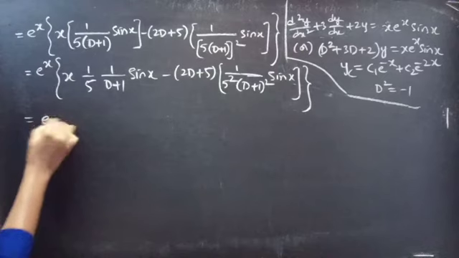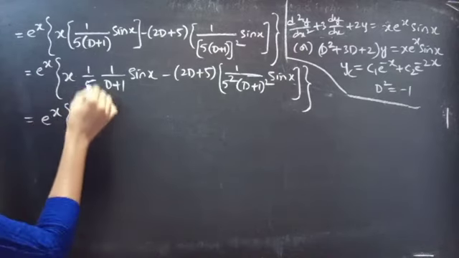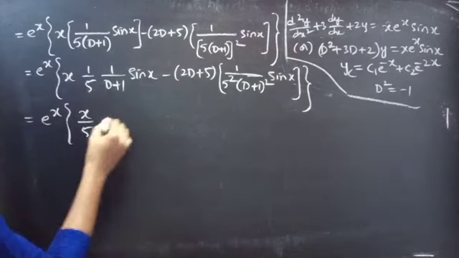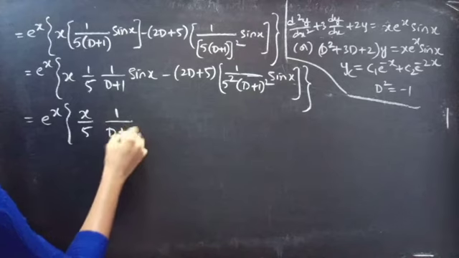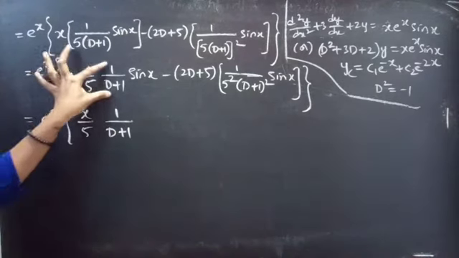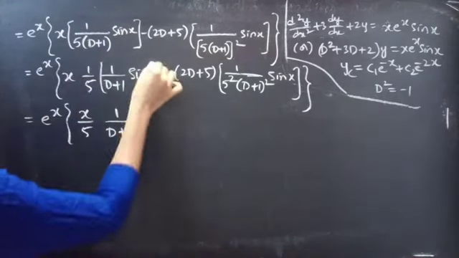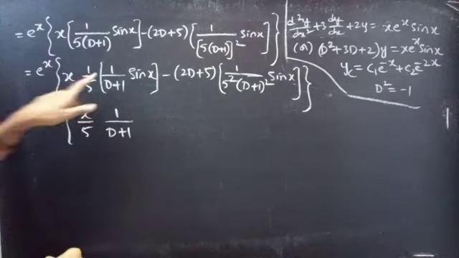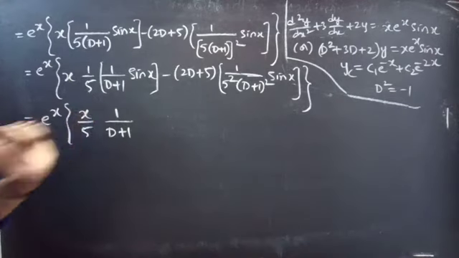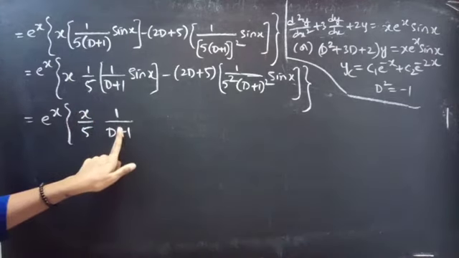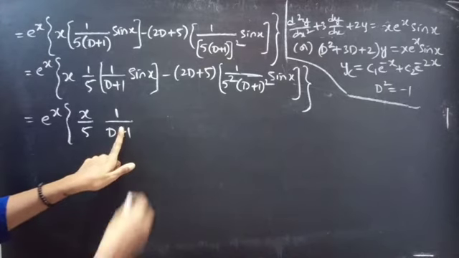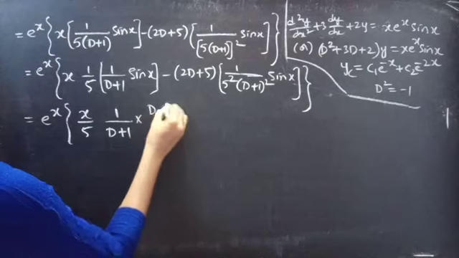This equals e power x into 1 by 5, that is x by 5, into 1 by d plus 1 into sin x. In the denominator we have d plus 1, so let's replace this plus with minus so that we get d minus 1.